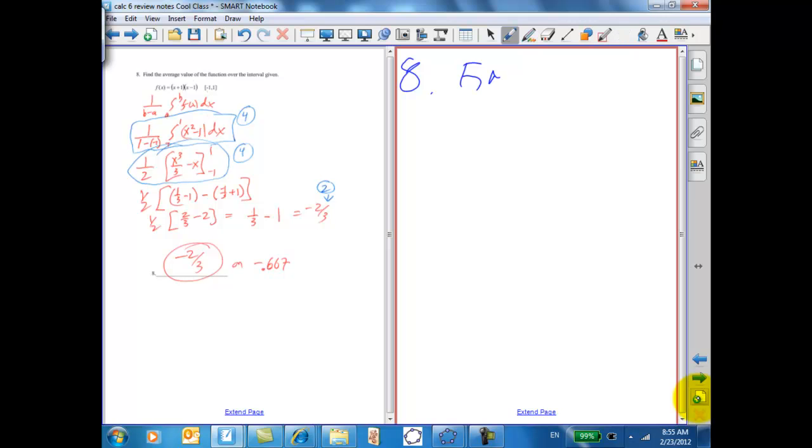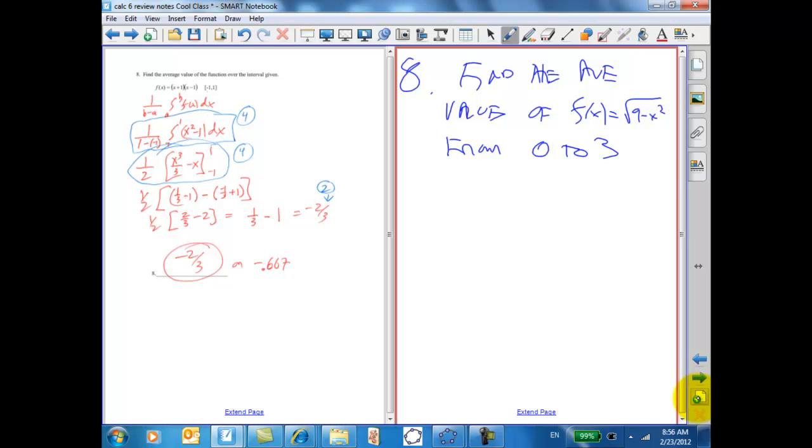Find the average value of f of x equals the square root of 9 minus x squared, from 0 to 3.